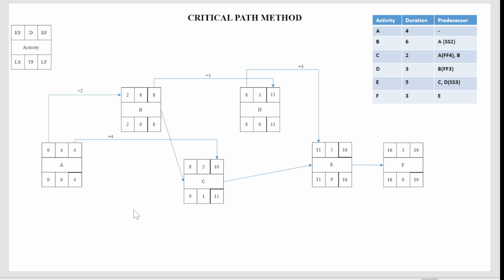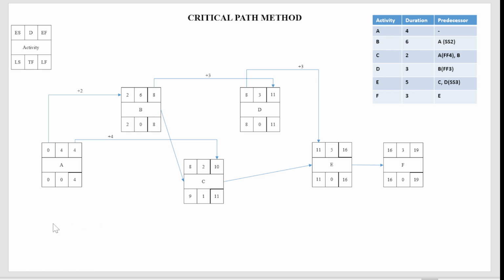Either 4 or 7, which one is least? Definitely 4. We need to consider 4, not 7. Otherwise 11 minus 4 will be 7. Our relationship is here to here or here to here. This is very important to understand. So 4 minus 4 now will be 0, total float 0, 0 minus 0 will be 0.